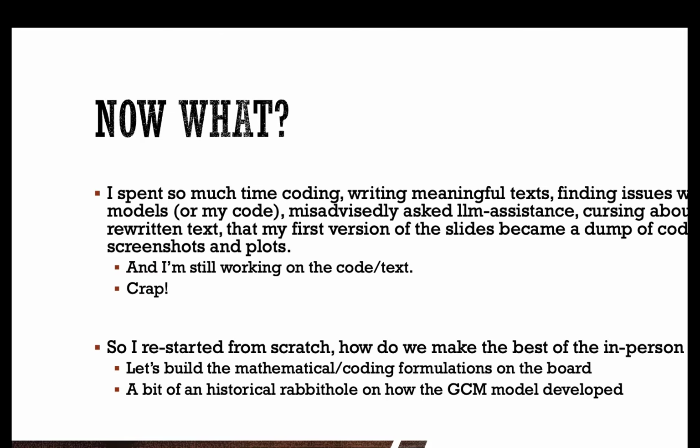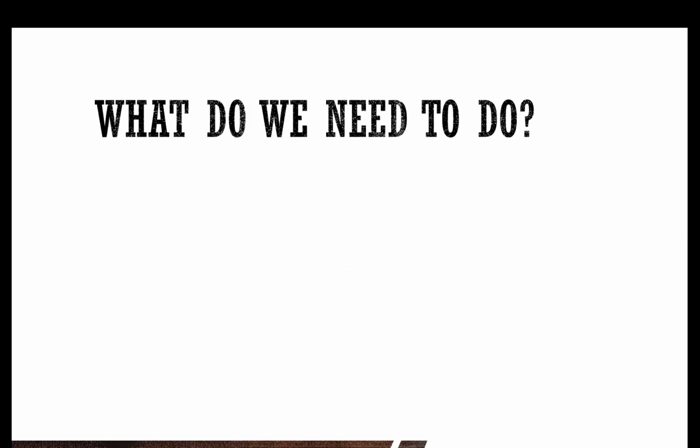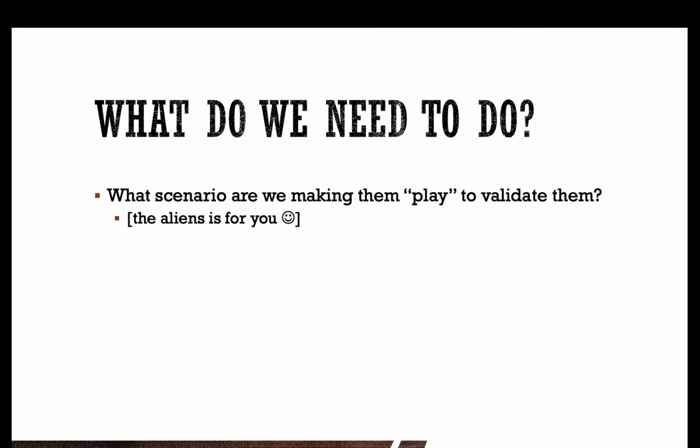So what we need to do is we need to identify in which kind of scenario we're thinking about these models, keeping in mind that the alien that we discussed last time is something that you will have to implement in your assignment.